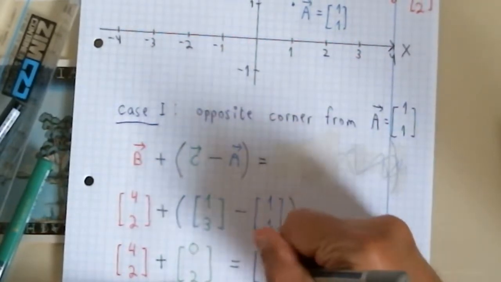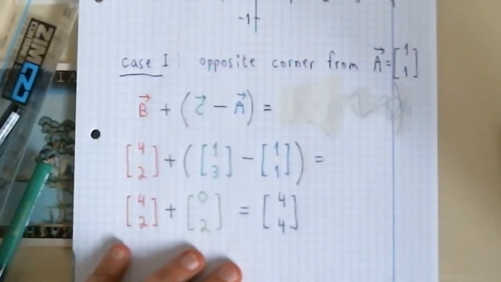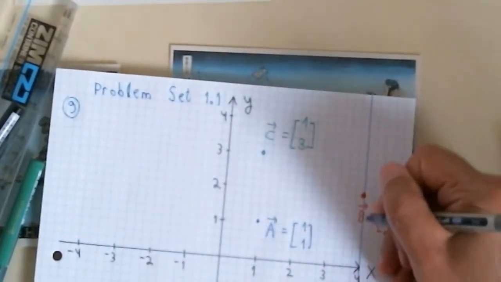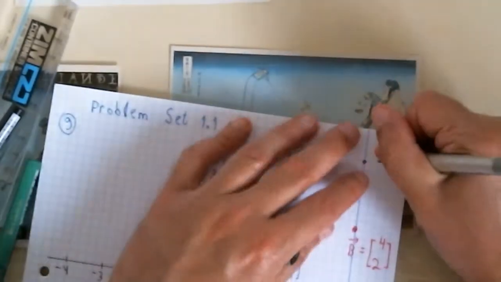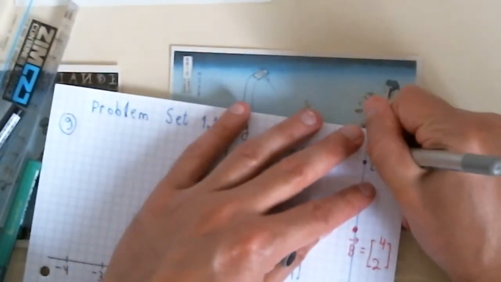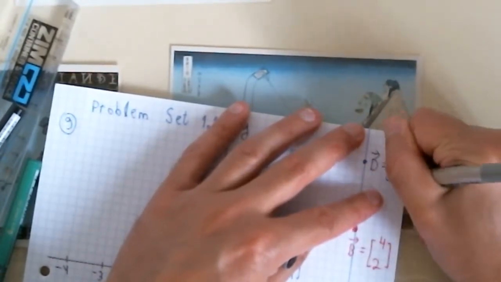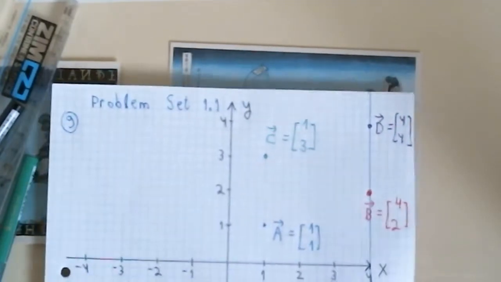So this would be 4, 4. Okay, so this point here, 1, 2, 3, 4, 1, 2, 3, 4, is the first option of D. D equals 4, 4.